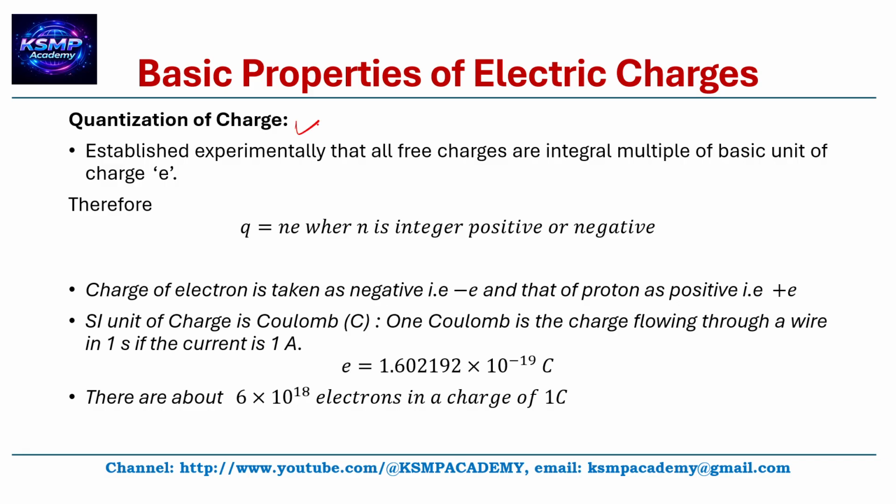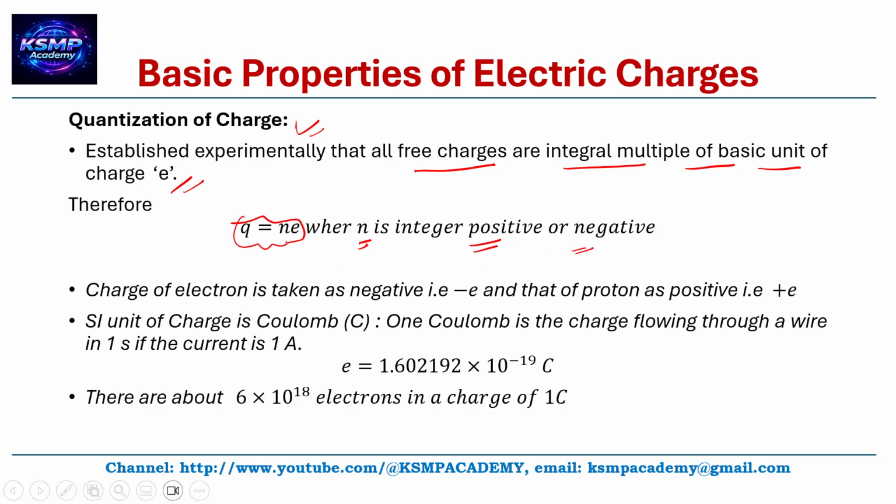Quantization of charge. It was established experimentally that all the free charges are integral multiple of the basic unit of charge e, which means we can write a charge as Q equal to ne. Here n is an integer. It may have positive value or negative value.